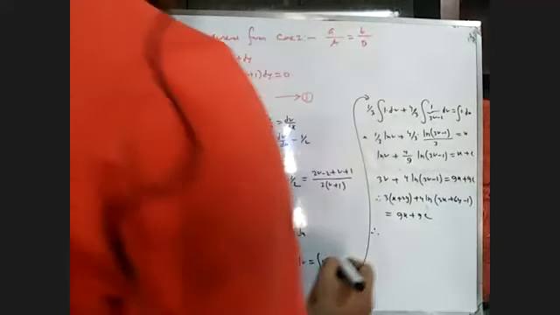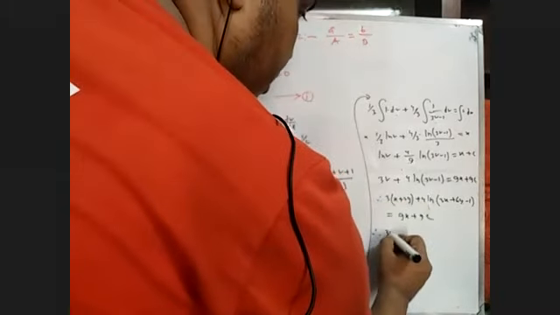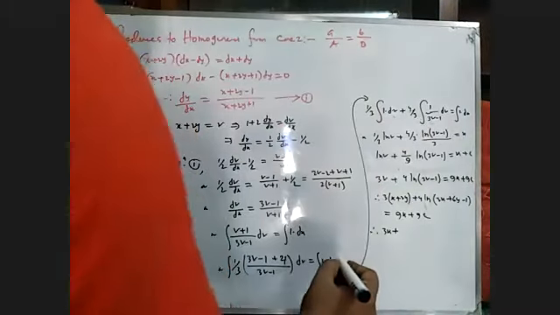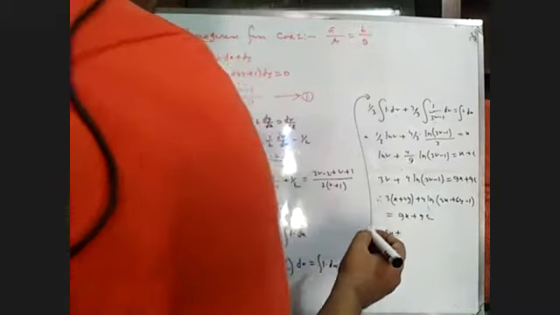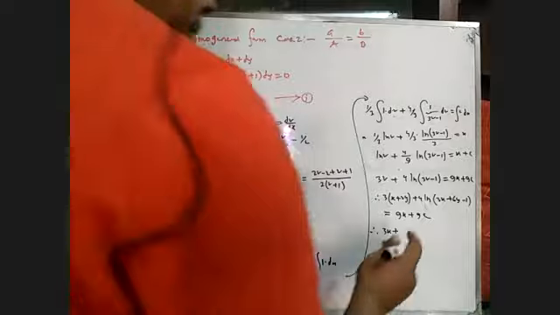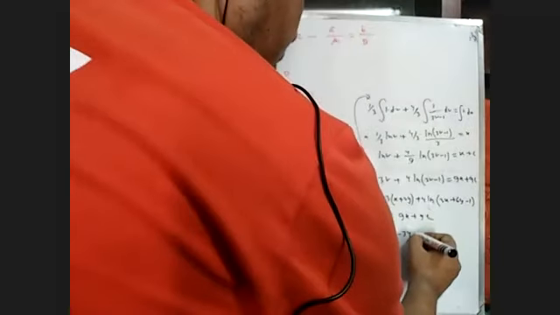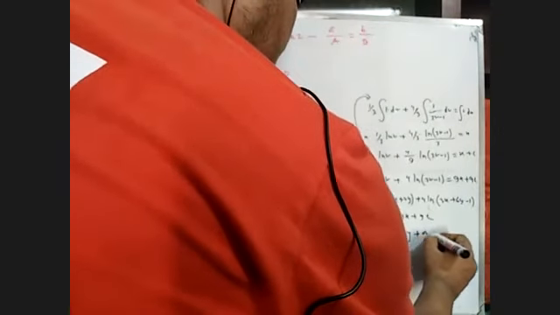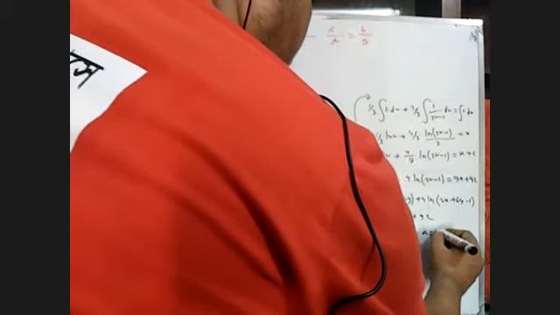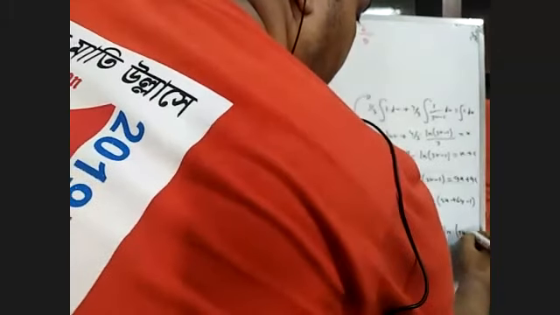And therefore the required solution is thrice x minus thrice y, plus a constant, 9c being a constant, plus 2 log (x plus 2y minus 1).